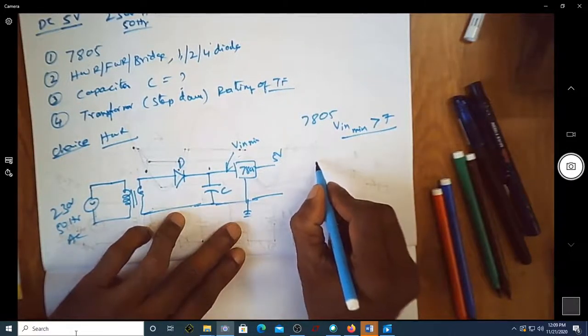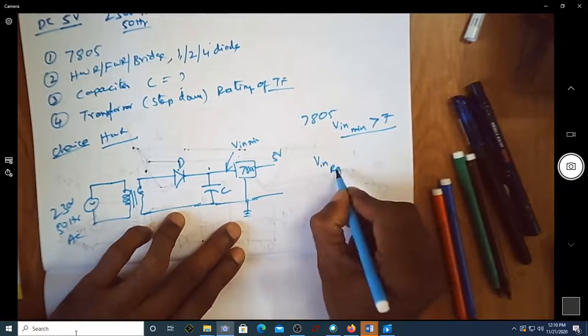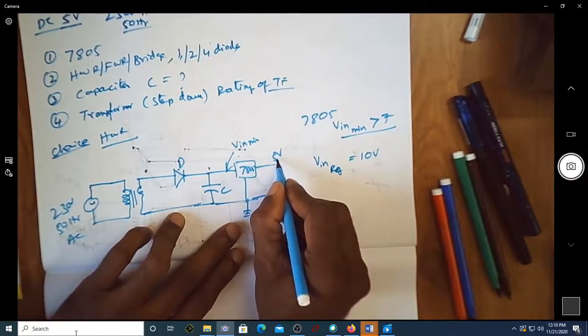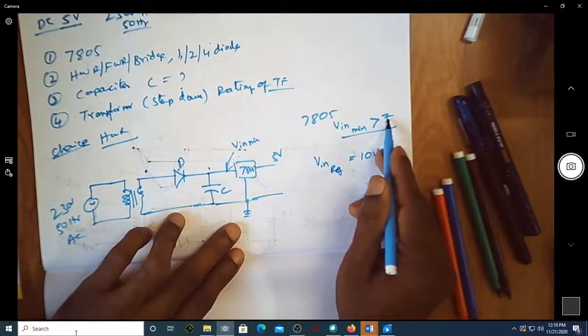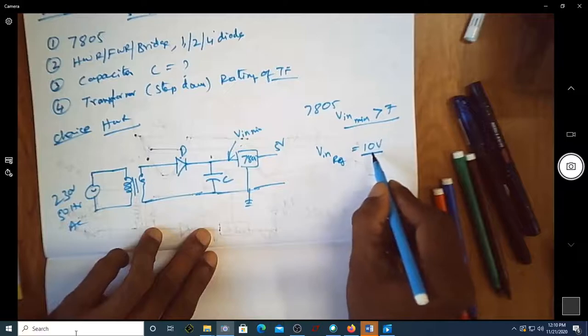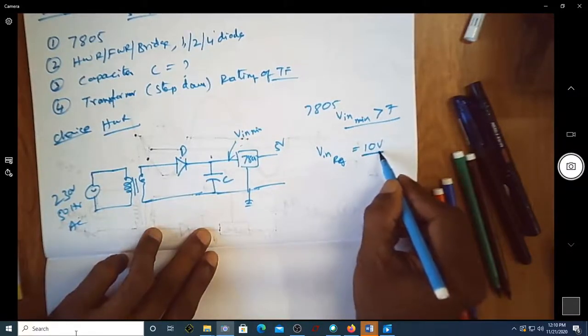So let us assume that the input at the regulator is 10 volt. If it is 10 volt, it is guaranteed that you are going to get 5 volt, because this 10 volt is more than 7 volt. So now you are supposed to get an input voltage which is 10 or more. It cannot be less than 10.